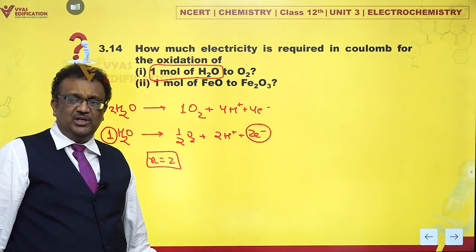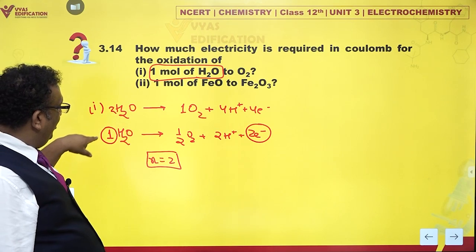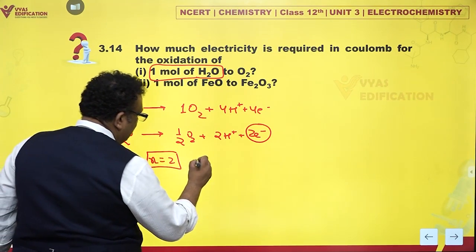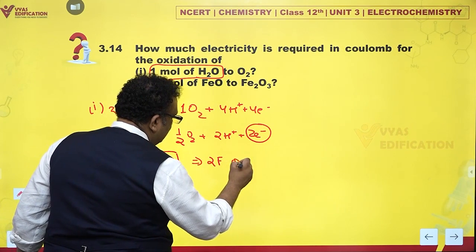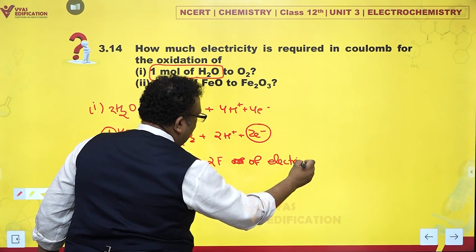How much electricity is required? That's not very difficult to see. If I take 1 mole of H2O, I get 2 moles of electrons. That means 2 Faradays of electricity is required.